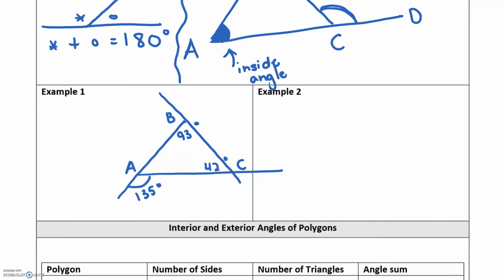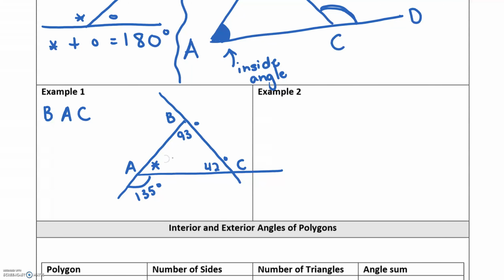Okay. So angle A can be represented by really two angles. It could be the 135, or it can be the little angle on the inside right here. So let's put a little star. So let's represent that with the A in the middle, and then we're going to start at B, and might as well go to C. Angle BAC represents this angle right here.